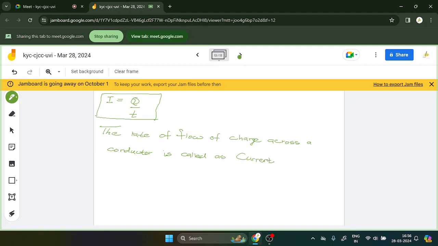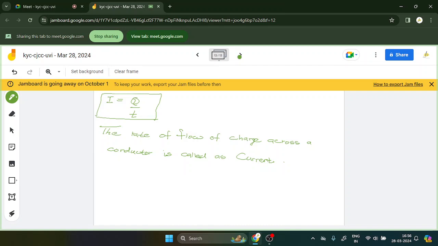Clear? So how many electrons or protons, or in short how much charge, is flowing across a conductor in a given time, that is called the current.